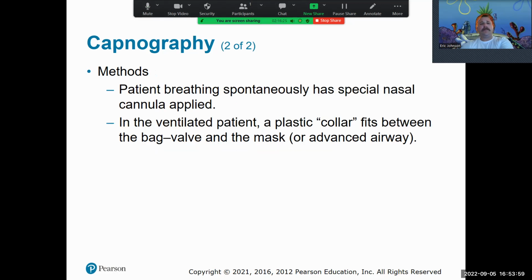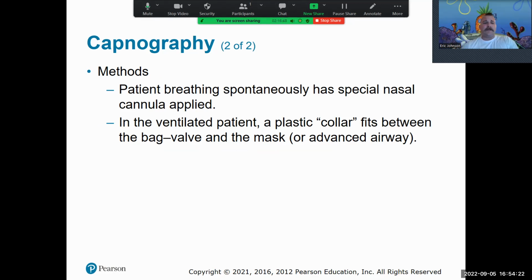This is something that we can see through special nasal cannulas, or if we've got the patient on a special device like an endotracheal tube, we put a device on the end of the endotracheal tube that measures it as we're breathing in and breathing out. It can tell us special things like, hey, maybe we're bagging too forcefully or with far too much volume.